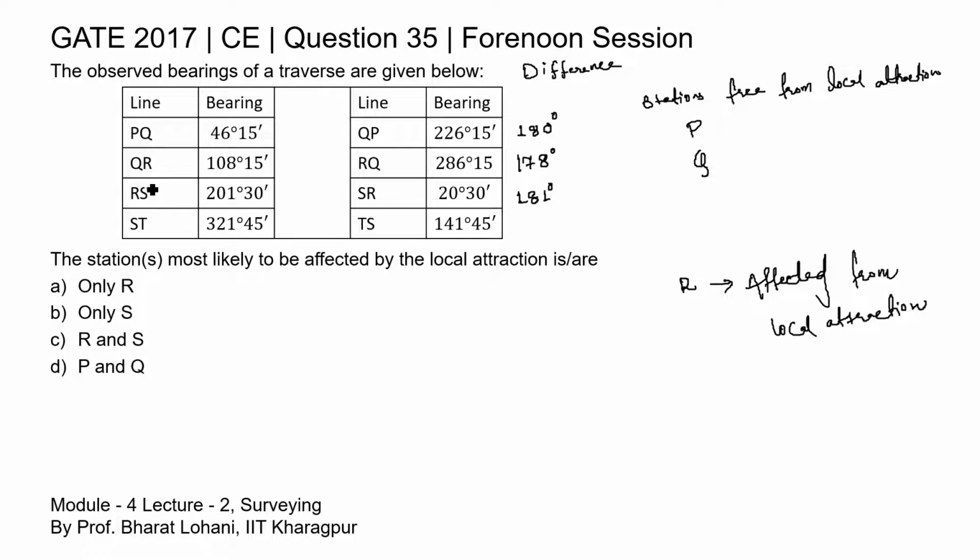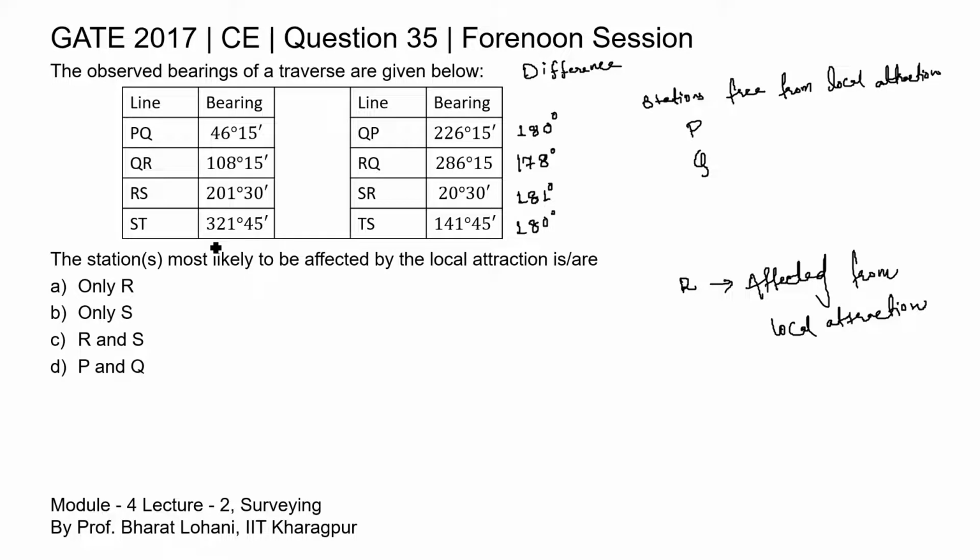Why? For that we need to find the difference between forebearing and back bearing for line ST also. So now for ST, the difference between the forward bearing and back bearing is 180 degrees.